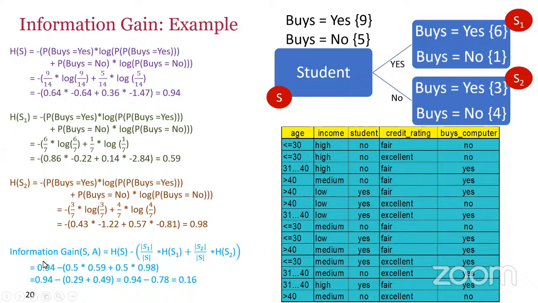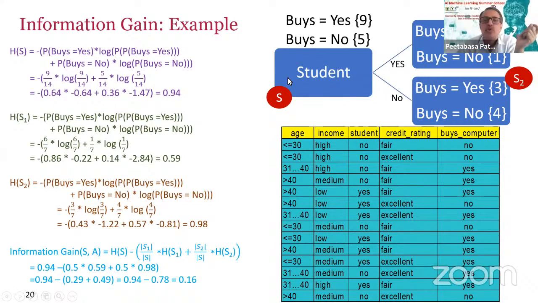Now, what is my information gain? I use my original entropy, which is 0.94, and the weighting with respect to the partition which has happened. In this case it is 0.5, because 7 are yes and 7 are no. So 0.5 times the entropy for student equal to yes, which is 0.59, and 0.5 times the entropy for student equal to no, which is 0.98.